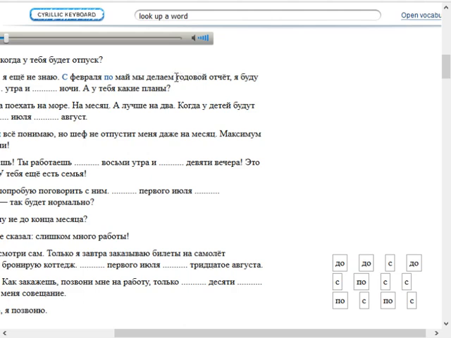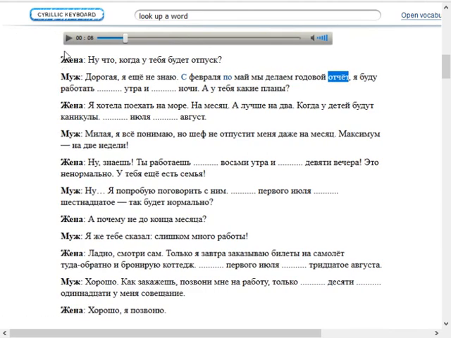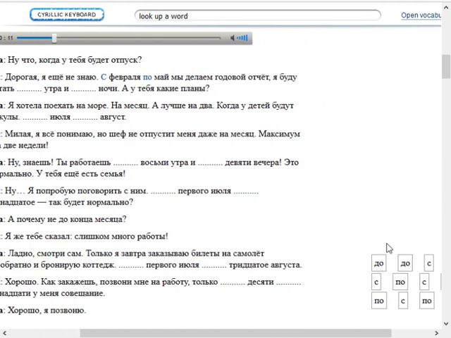We make a годовой отчет. Годовой means annual, because год is year, so годовой annual, отчет, report. Работать с утра и до ночи, а у тебя какие планы? Okay. Я буду работать. I will work. And here we have again с.